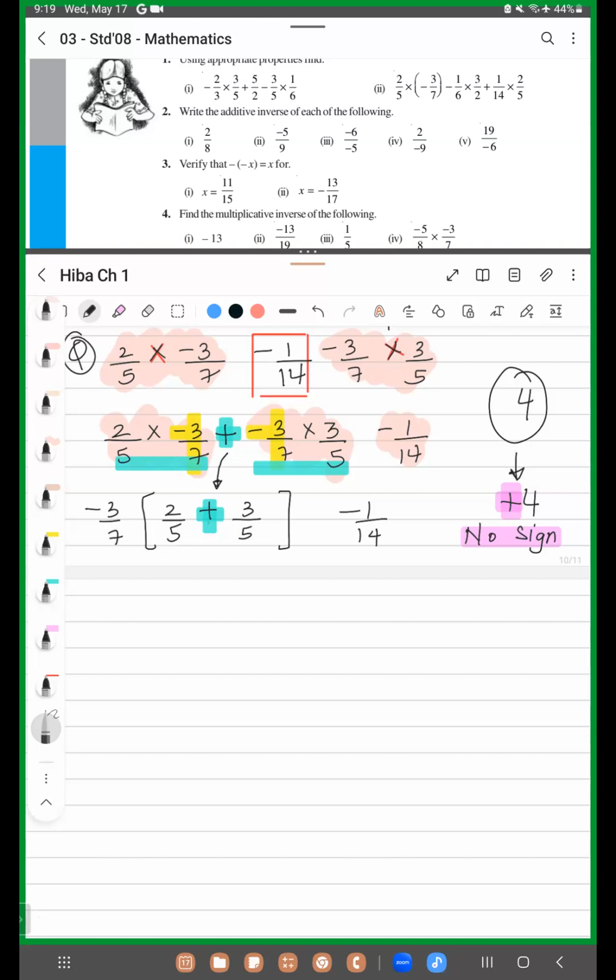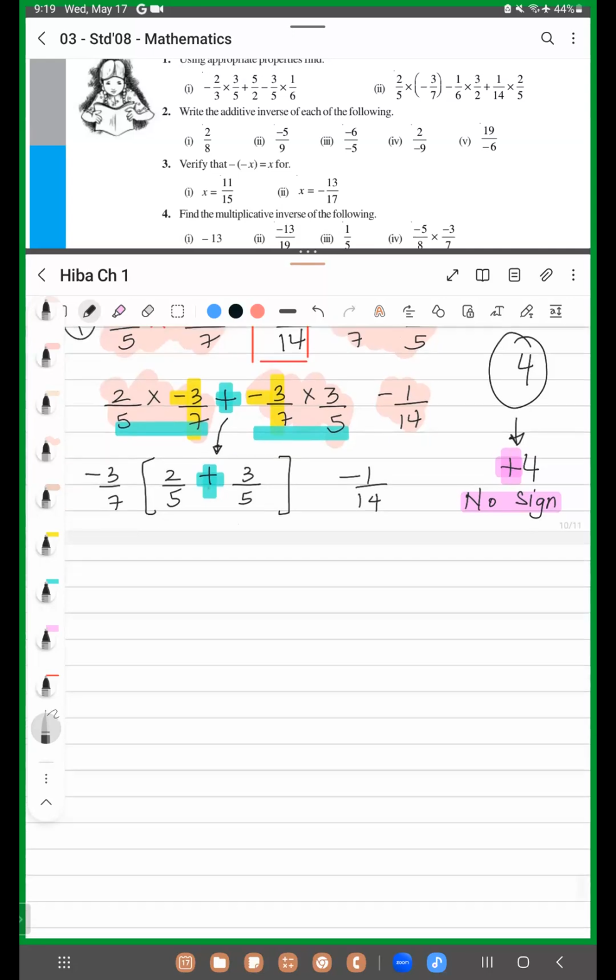If the second part of this question was 2/5 multiplied by -3/7 minus -3/7 multiplied by 3/5 and so on, what would the question look like?